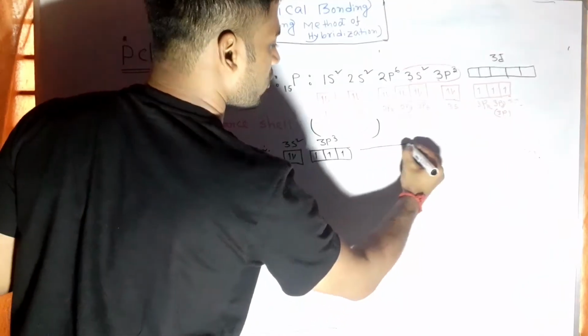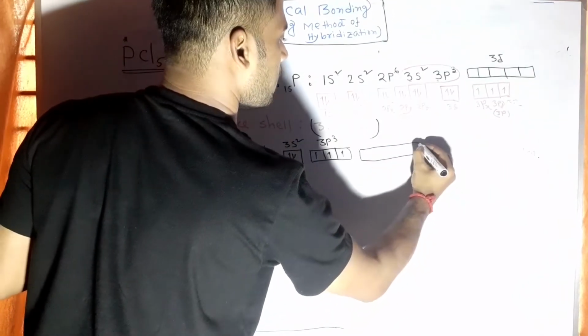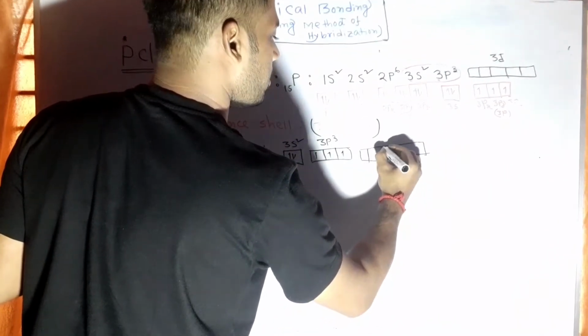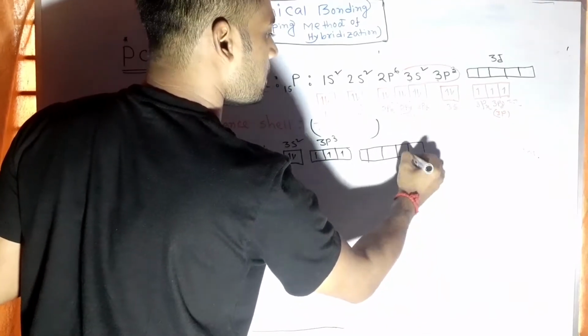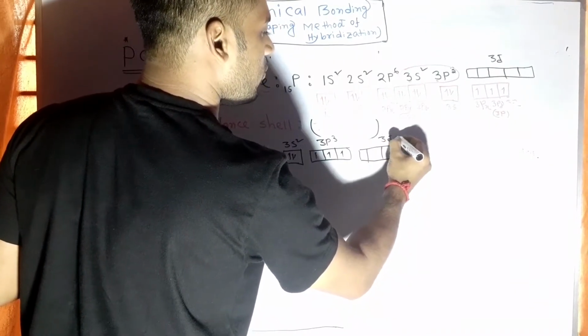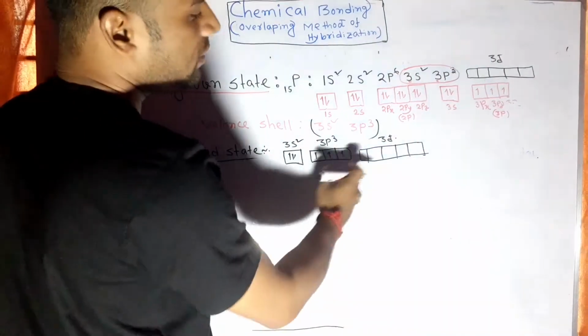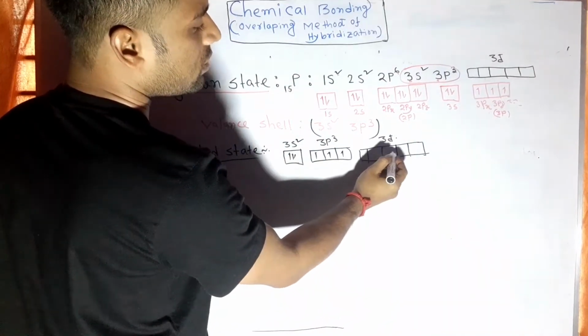This vacant d orbital can also be drawn in this position: 3d with 5 empty spaces, 1, 2, 3, 4, 5.